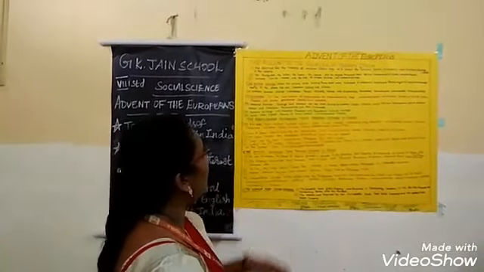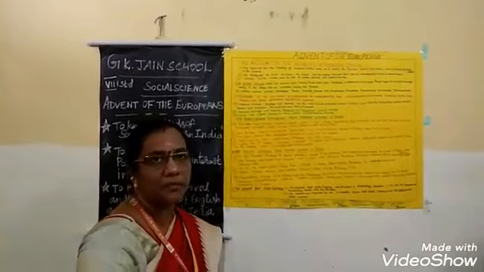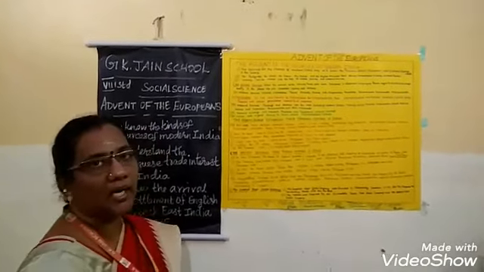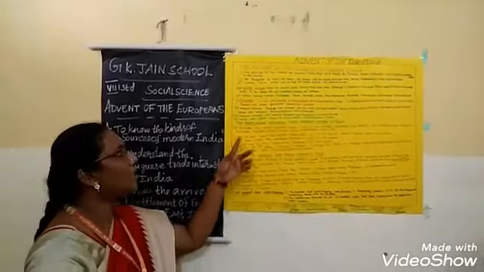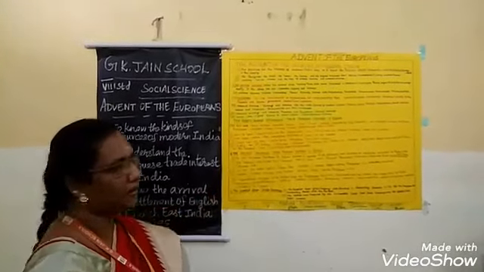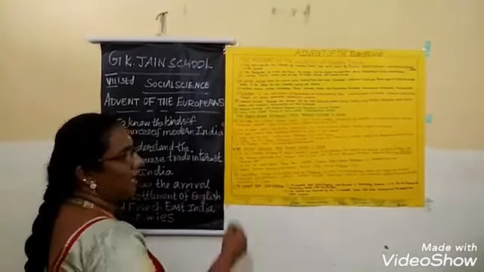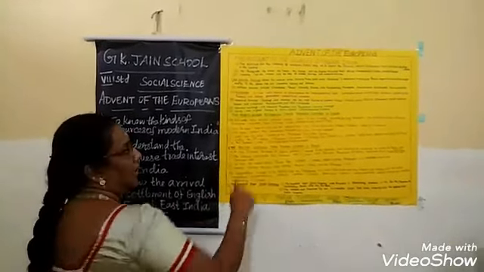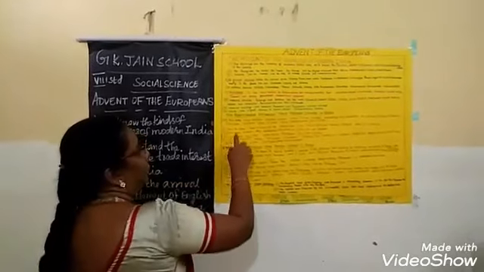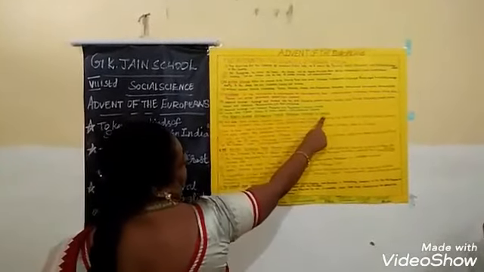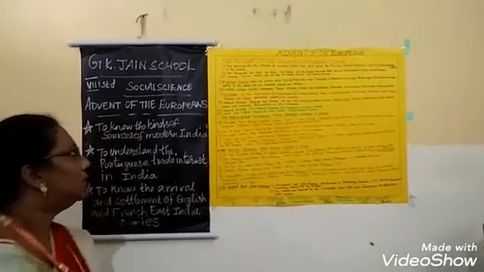Then, historical buildings and museums preserve and promote our cultural heritage. Coins are a good source to know about the administrative industry. What is the economic conditions? They tell the coins.